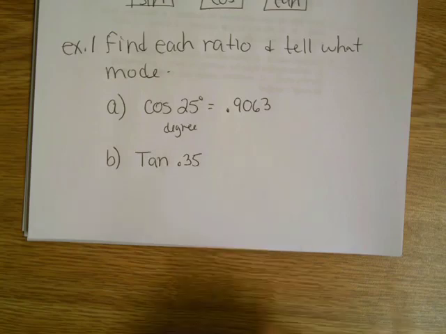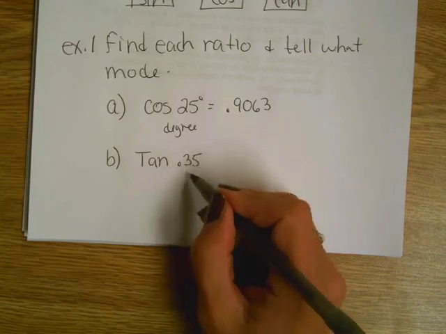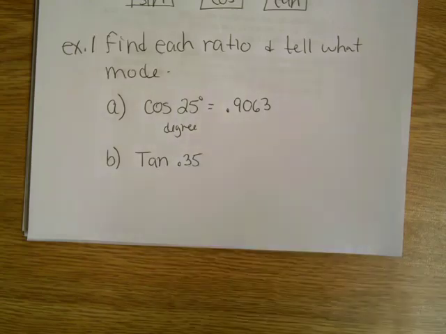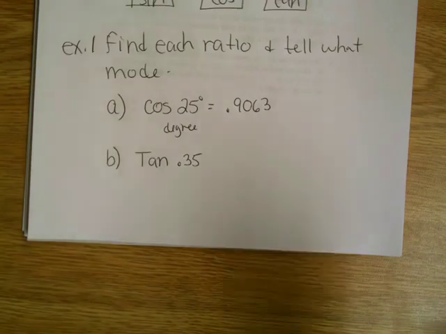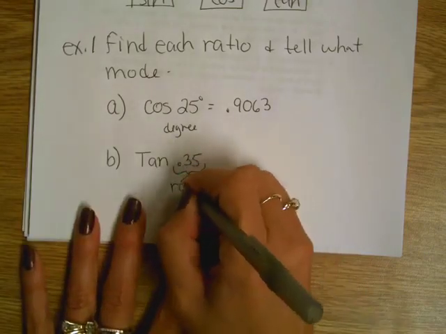If it was a degree, I'd put the degree mark there. So it's a radian. Because there's no degree mark here, this is automatically a radian angle measure. It's just over a third of a radian. 1 radian's all the way a third. It's in the first quadrant there somewhere. But this is radian. So you want to be in radian mode.